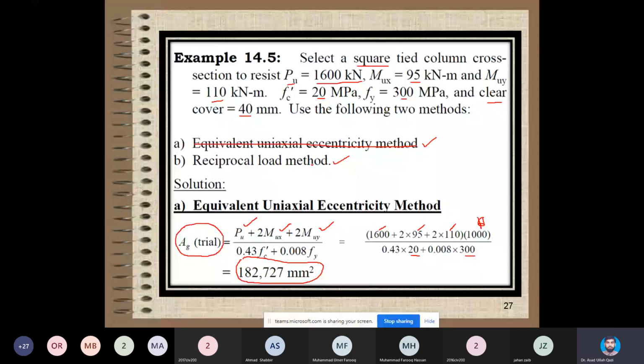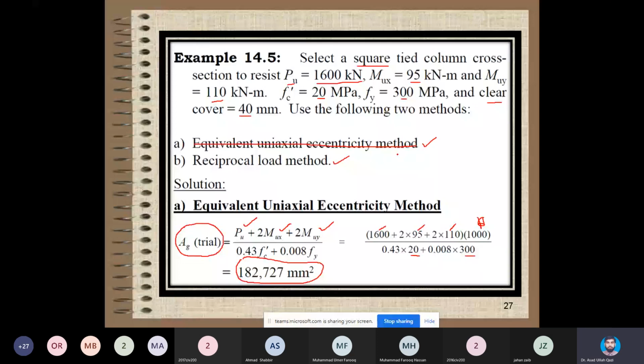If earlier you have not done equivalent uniaxial eccentricity method and you have no idea that finally column will have 2% steel and it has 8 number 25 bars, it will be 450 by 450, and you are starting with reciprocal load method, then again your first step will be to tentatively size your column.